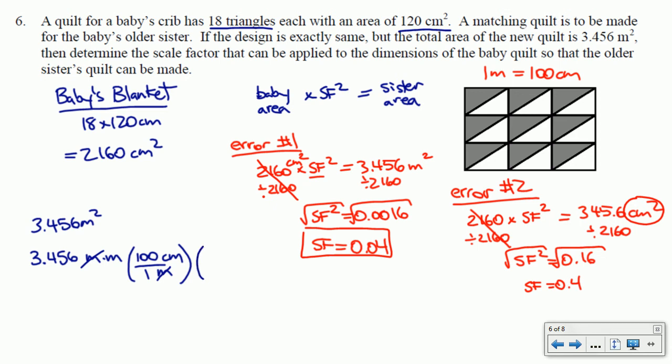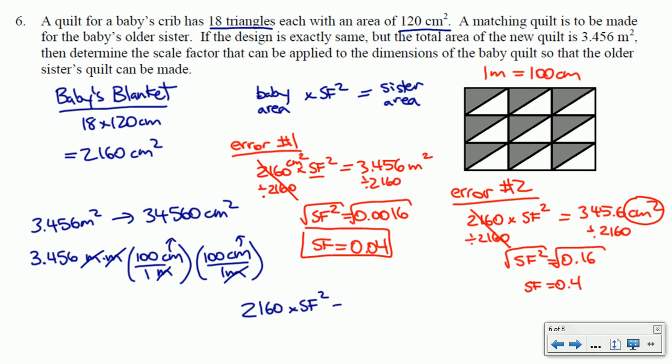So I need to multiply by 100 again, and that cancels these 2 meters. And now I have centimeter times centimeter, which is centimeters squared. So that means 3.456 meters squared is equivalent to 34,560 centimeters squared. So the proper equation would be 2160 times scale factor squared equals 34,560. And now I have centimeters squared on this side and centimeters squared properly converted on this side as well.